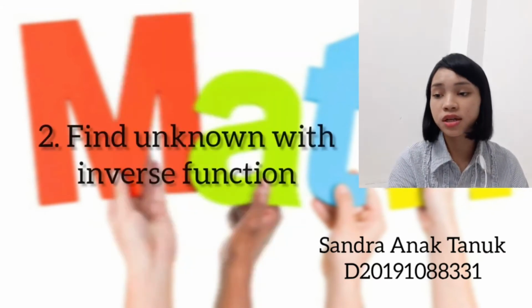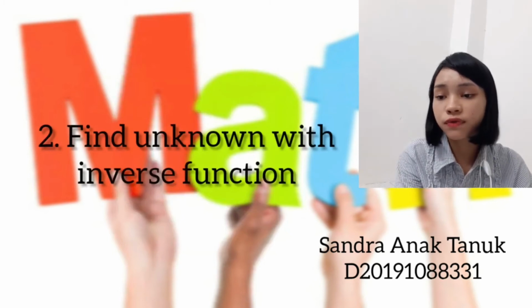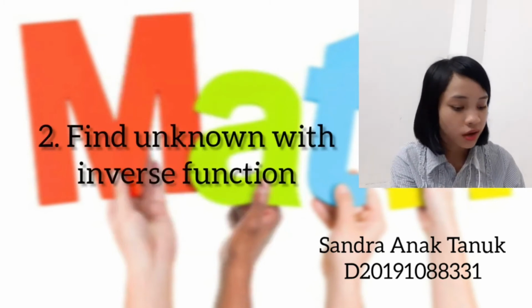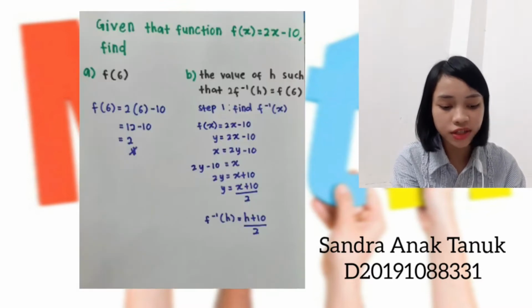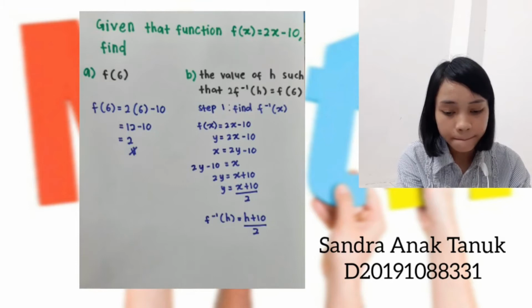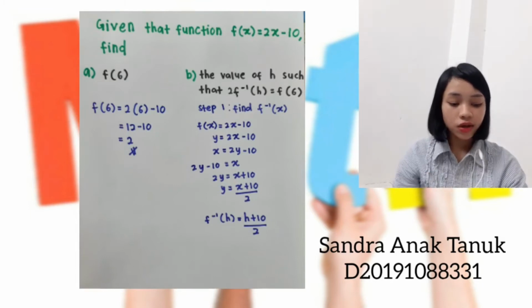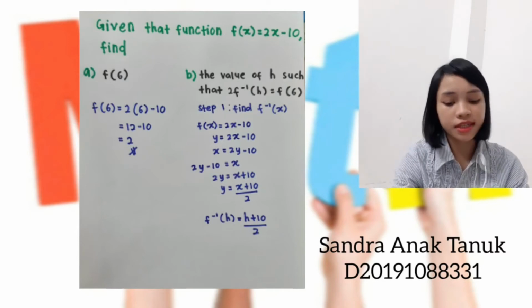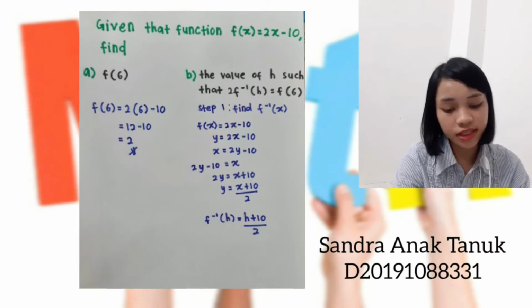And then for the second one, you want to find unknown with inverse functions. For example, we are given the function f(x) is equal to 2x minus 10, and you want to find f(6) and the value of h such that 2 f negative 1 of h is equal to f(6). For f(6), we just substitute 6 into the function and the answer is 2.